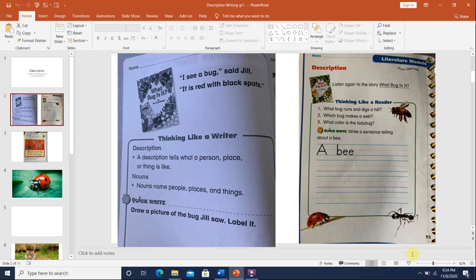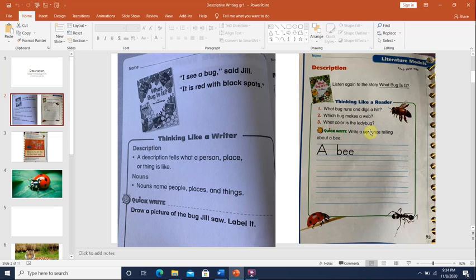We have a ladybug, an ant, and a bee. From the sentences that I read, I would think that an ant is a bug that digs a hill, right? Which bug makes a web? Also from the sentences that we read, we learned that a spider makes webs, right?